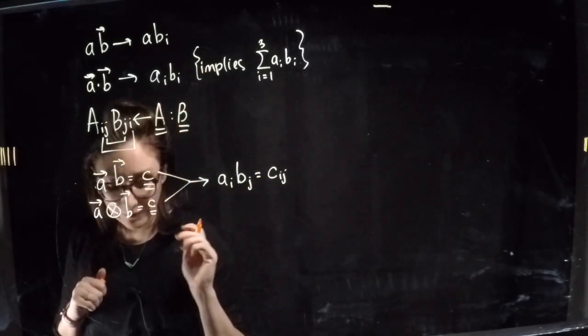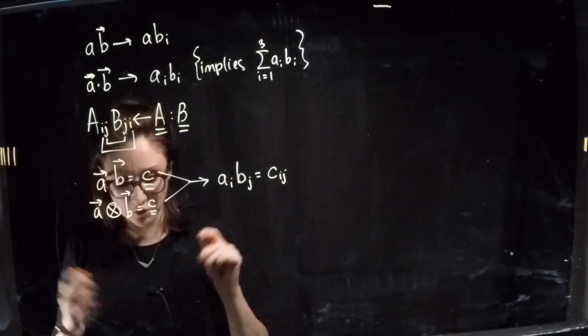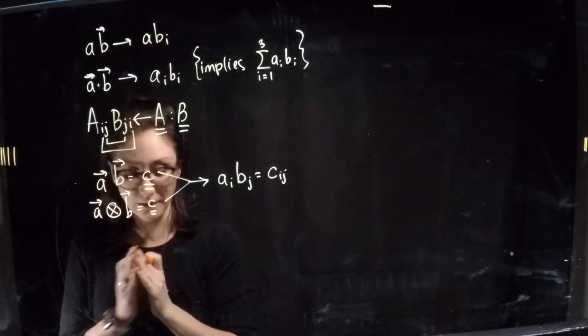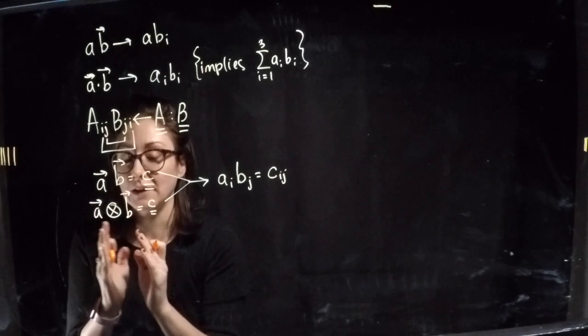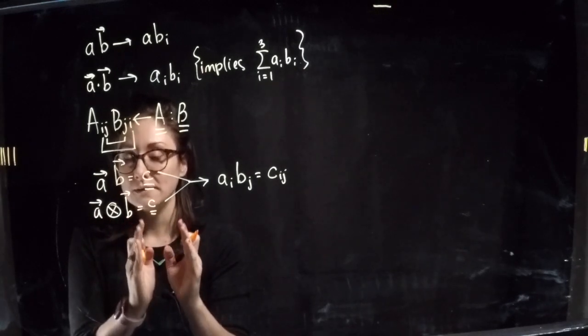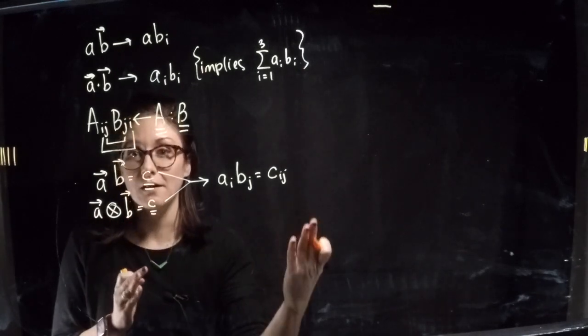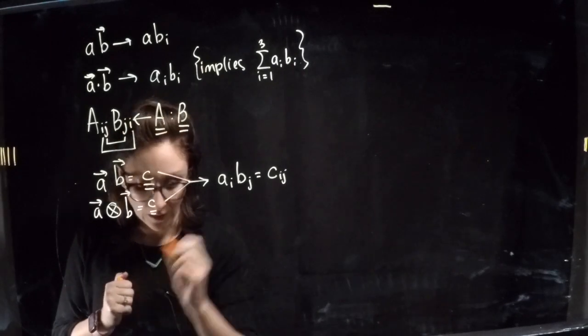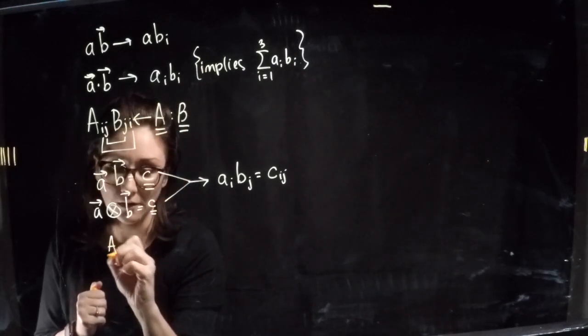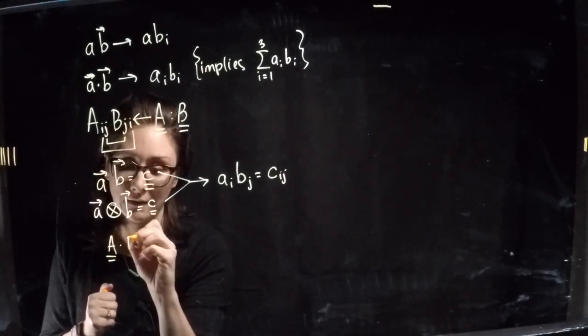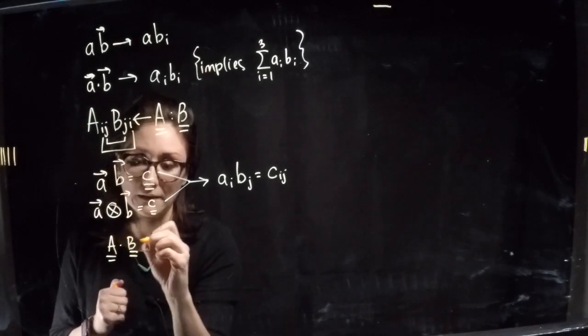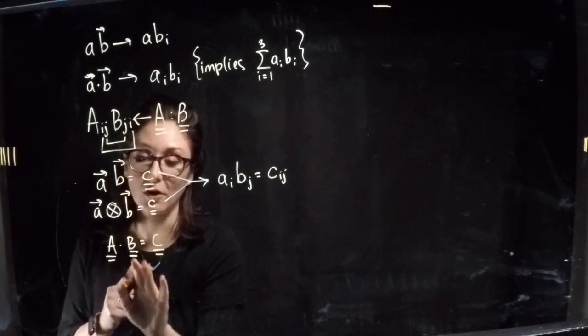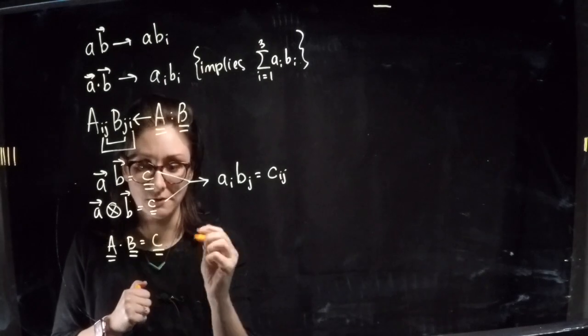Okay, we can also have a tensor product of two tensors. So we're just contracting out one index. So we're having an operation that has two second order tensors and gives us a third second order tensor afterwards. So this is often written with our dot as so. And all of these are second order tensors here.